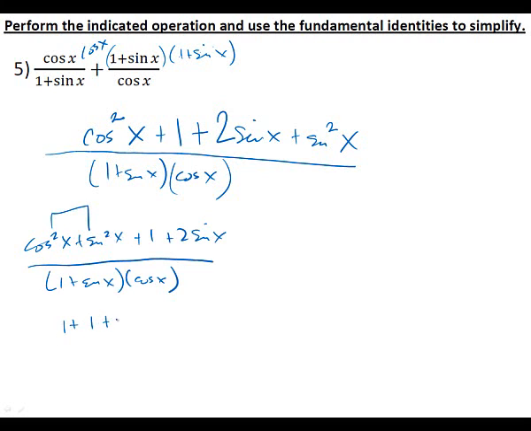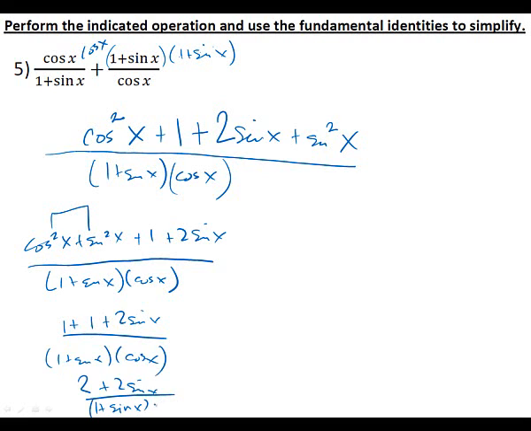And again, I'm showing every little step on this one, okay? More for your benefit. Okay, what's 1 plus 1? 2 plus 2 sine x over 1 plus sine x times cosine x.